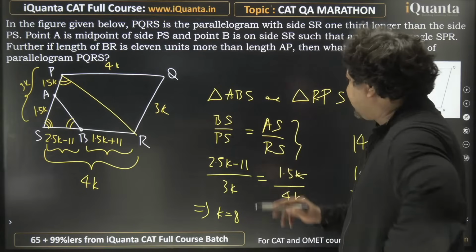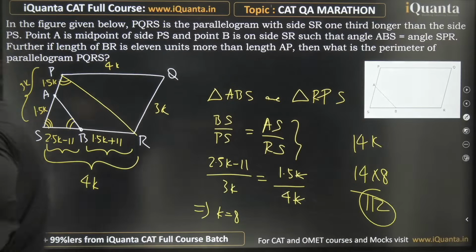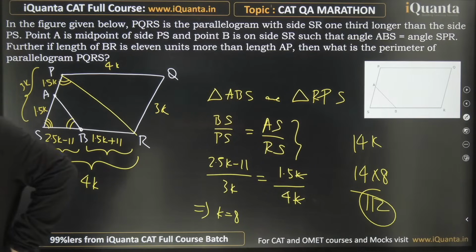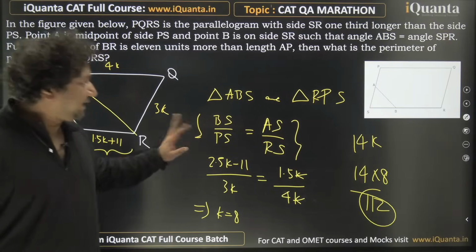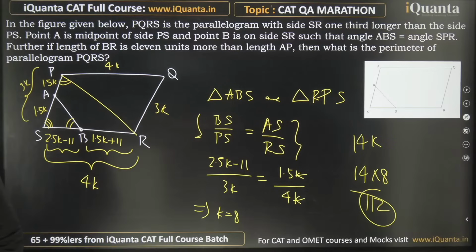Basically, this has to be correct, no? Those are 2 triangles. हाँ ठीक है, कर दिया मैंने इसको. Similarity, this thing is correct. Answer is 112.